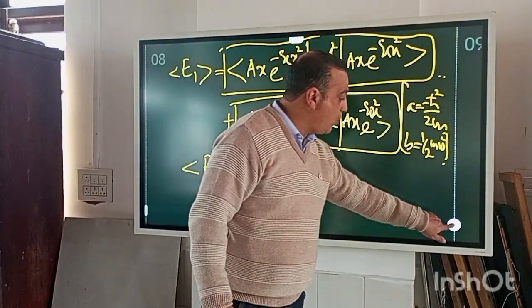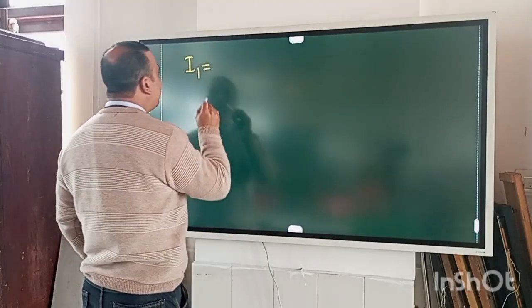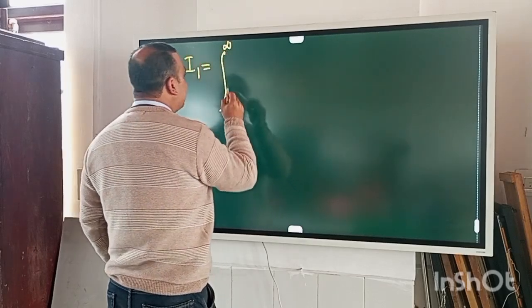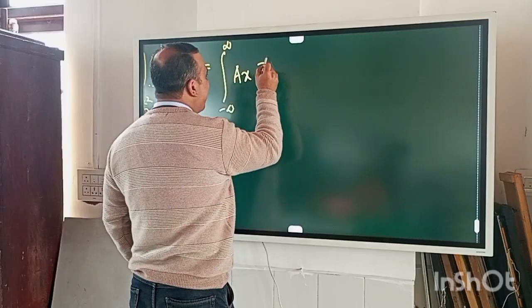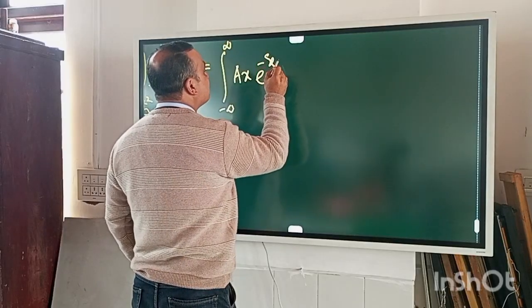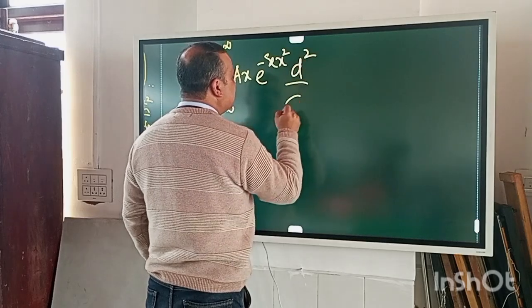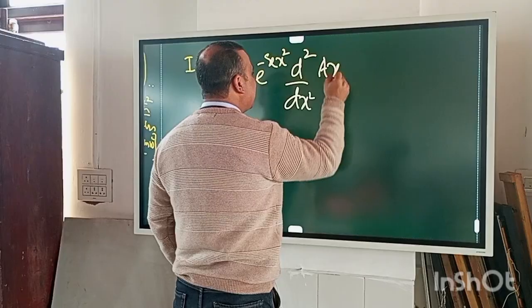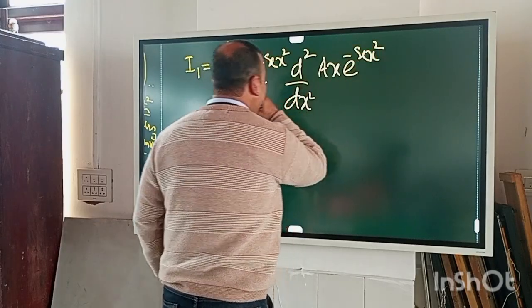So for part 1, I will have I1. I1 will be an integral from minus infinity to infinity of Ax e to the power of minus zeta x squared, then the double derivative, and then again Ax e to the power of minus zeta x squared.